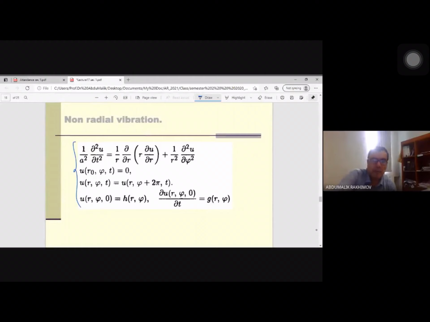If vibrations are non-radial, then the function depends on the angle also. So my function is u(r, phi, t). I just replace theta by phi.